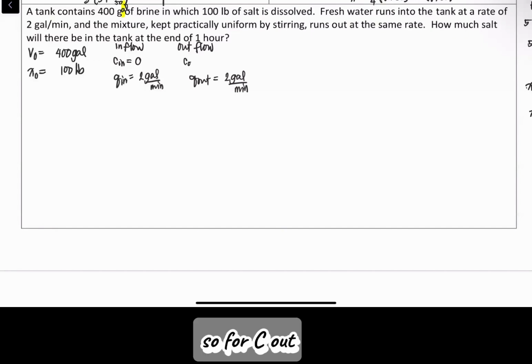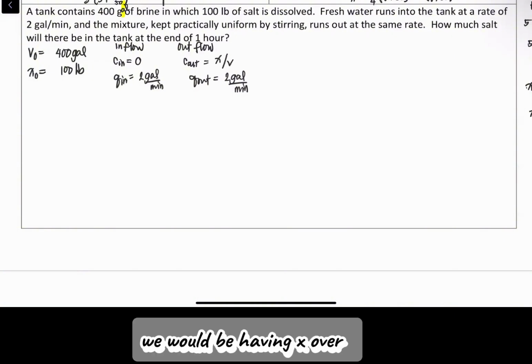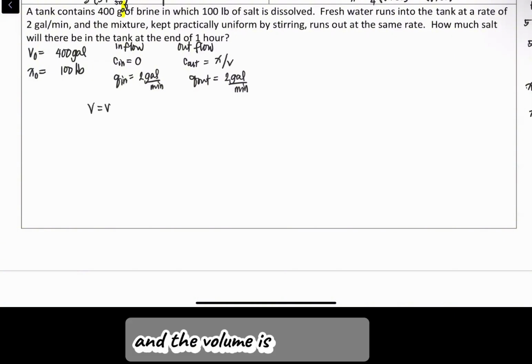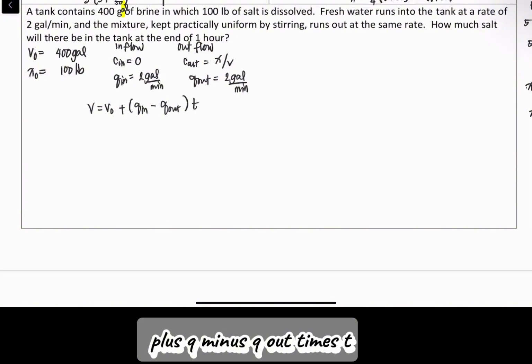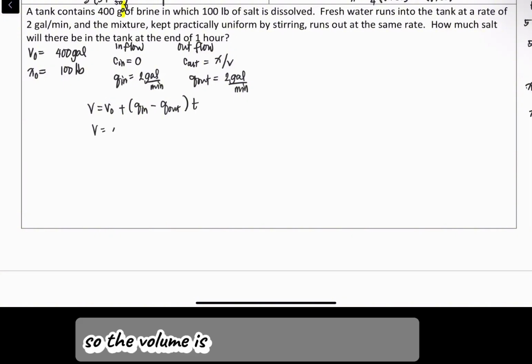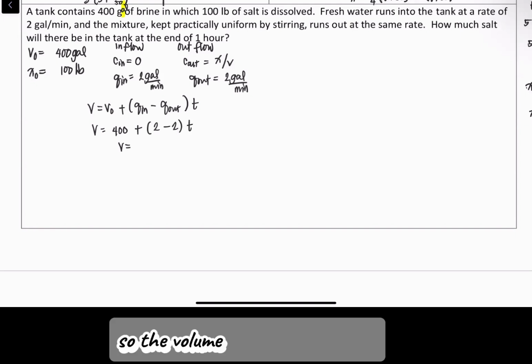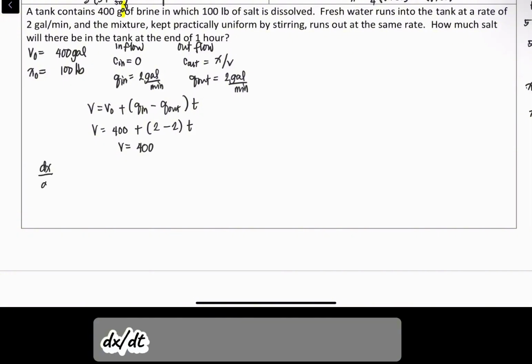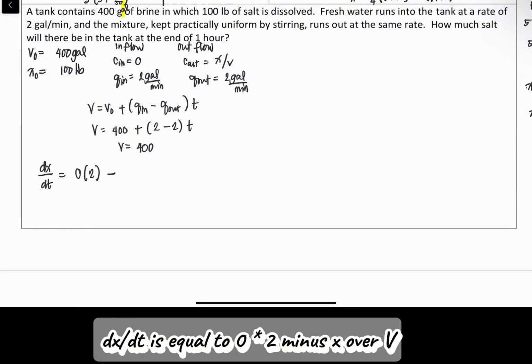So for C out, we would be having x over V, and the volume is equal to V0 plus (Q in minus Q out) times t. So the volume is 400 gallons plus 2 minus 2t. So the volume is constant at 400. dx over dt is equal to 0 times 2 minus x over V times Q out.